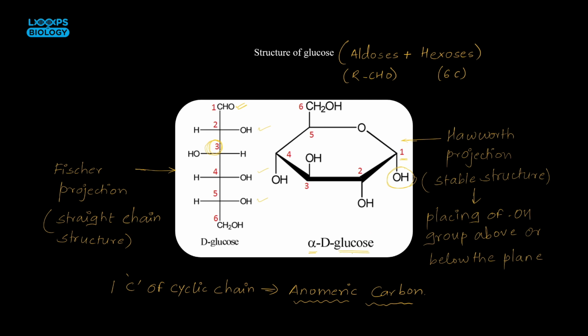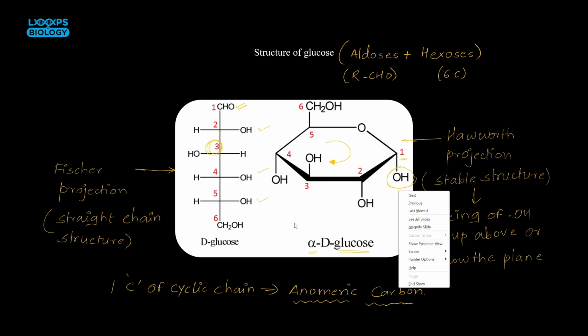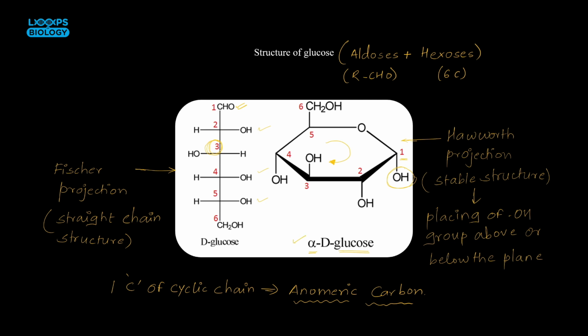Alright. So in this cyclic chain, whenever I'm talking about my first carbon, the hydroxyl group present on this carbon is going to decide whether the glucose is going to be alpha or beta. If the hydroxyl group is below the plane, then it is alpha glucose, and if it is above the plane, then that will be your beta glucose.